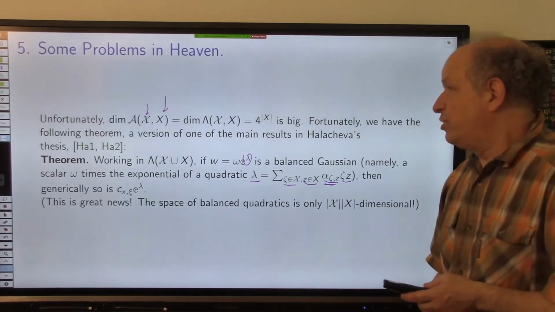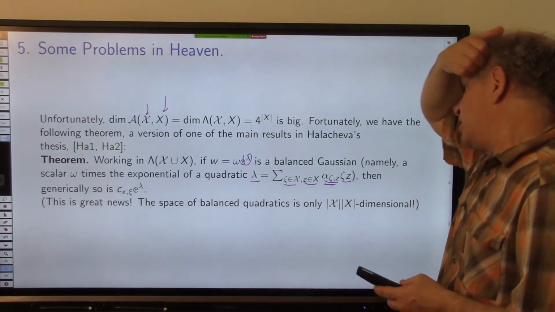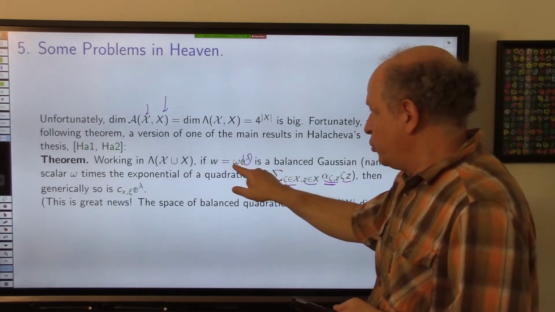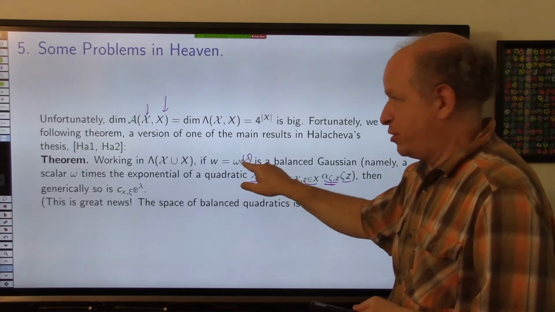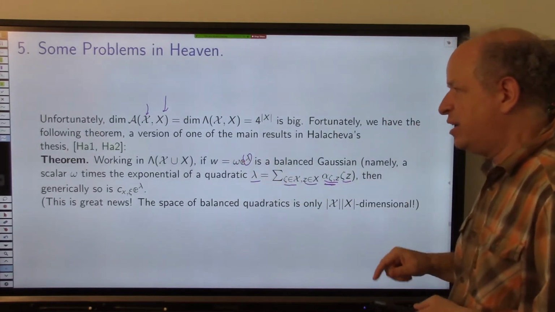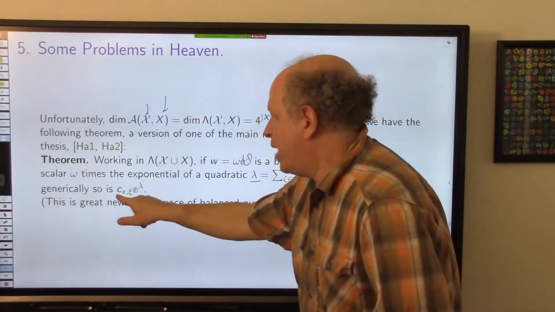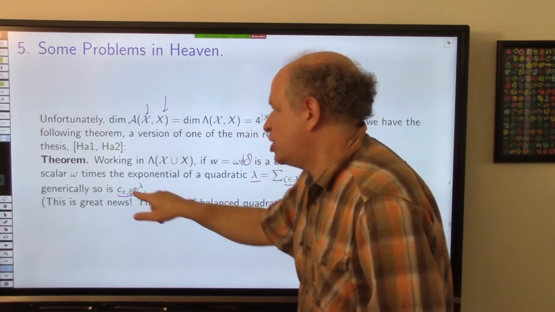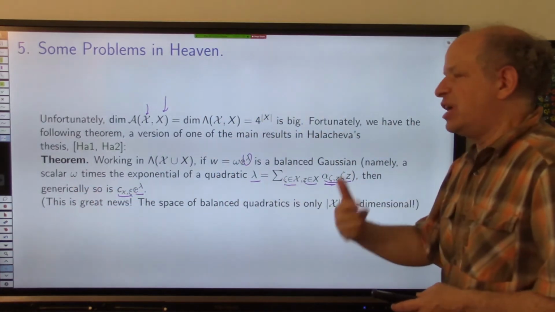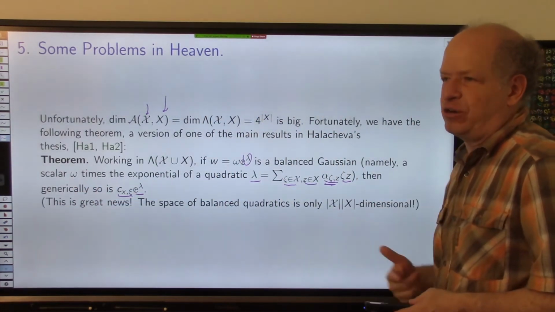Okay? So the claim is that if you have such a balanced Gaussian and you contract it, the contraction is again a balanced Gaussian.